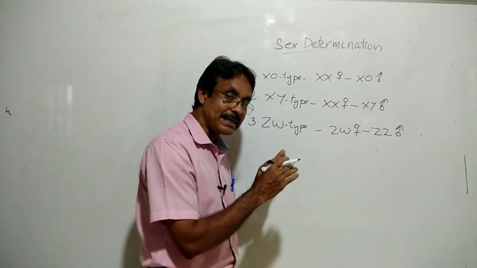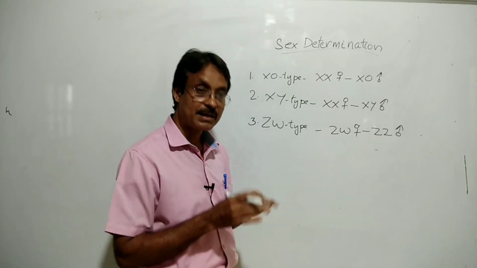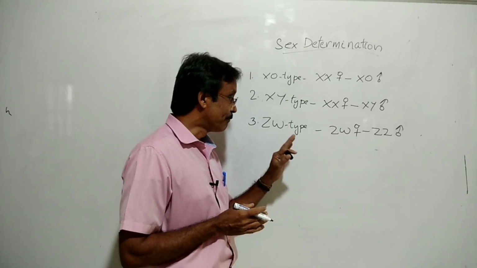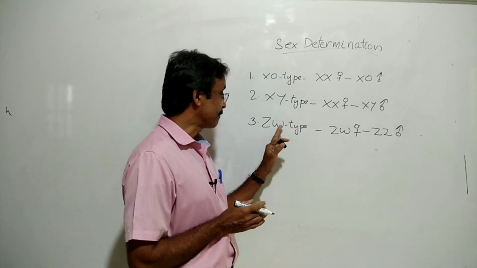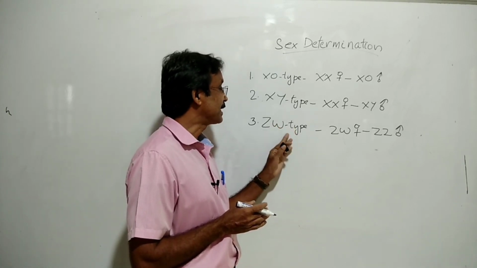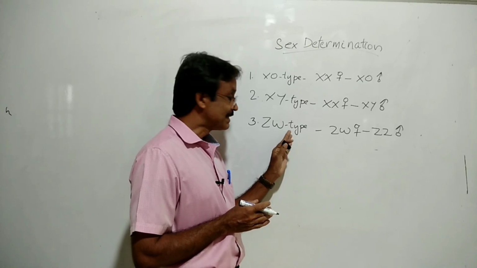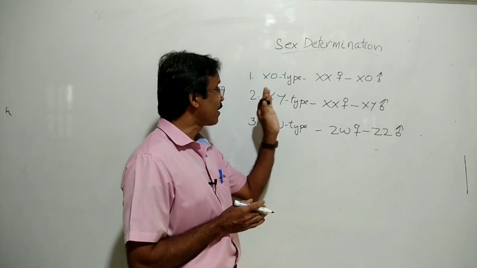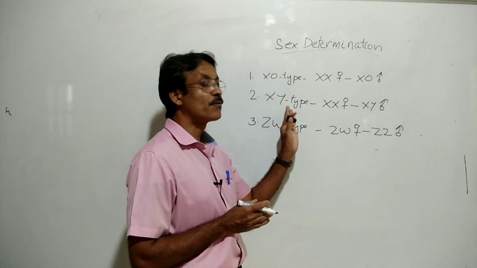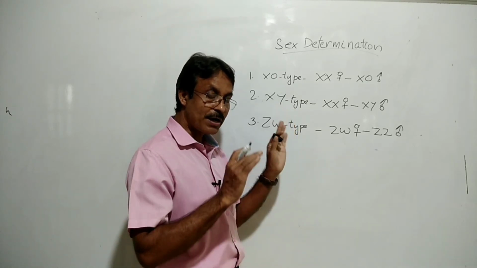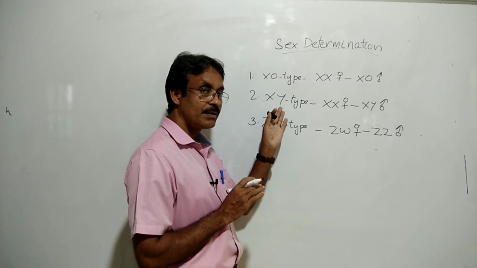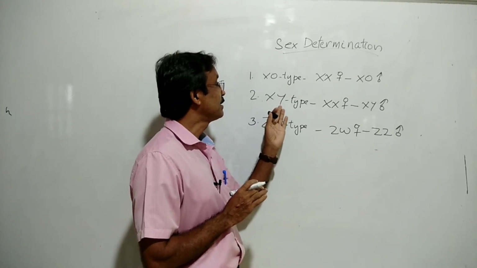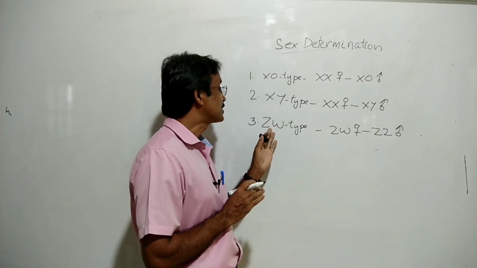This is the mechanism present in birds. So in birds, sex determining mechanism is ZW type. This is just opposite of the XY type. To avoid confusion with this XY, we changed the symbol into ZW.